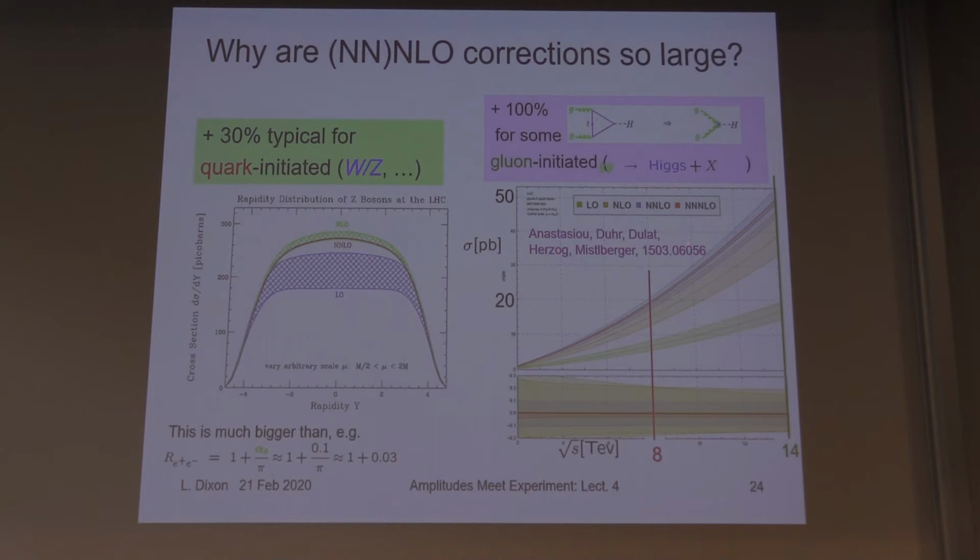And it may still move around slightly, but it'll be a while before anybody computes N to the 4 LO. You can see these error bands were still substantial at N3LO. So basically the series has very big coefficients in it.